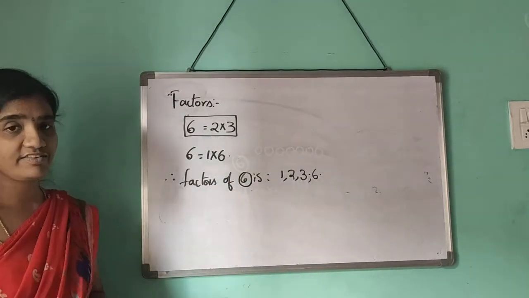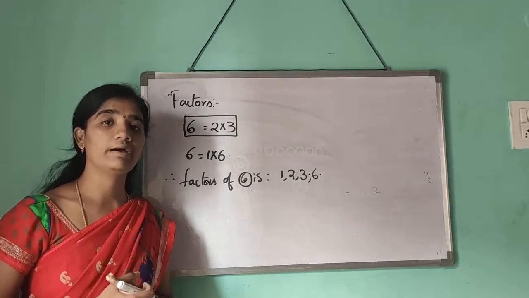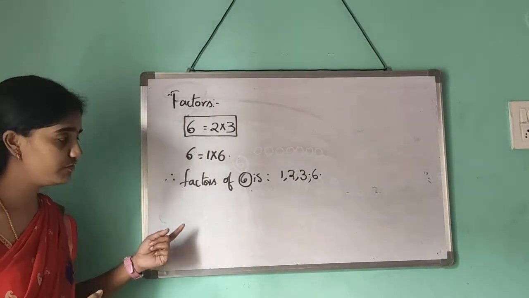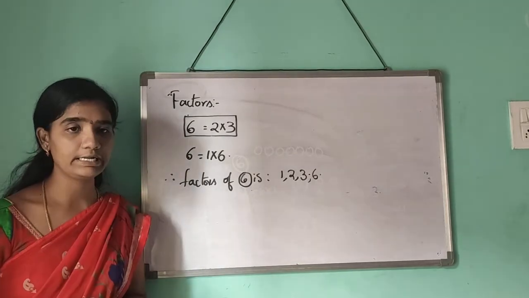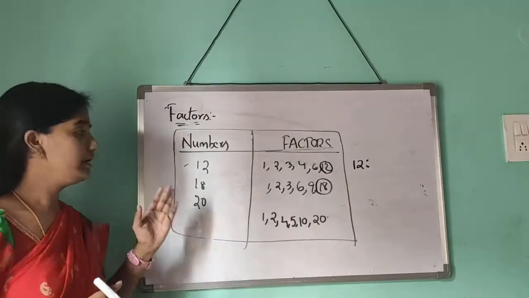Now we understand the factor. What is a factor? A factor of a number is a number which divides it completely.